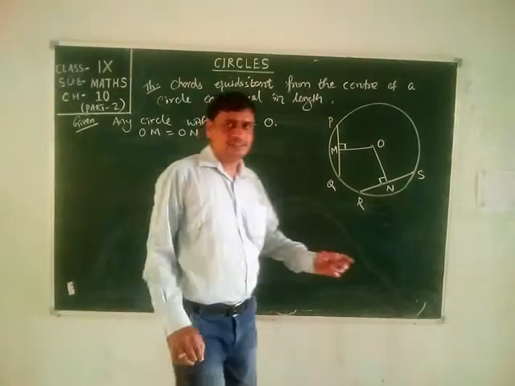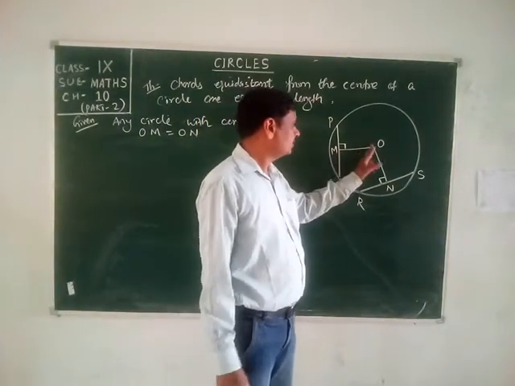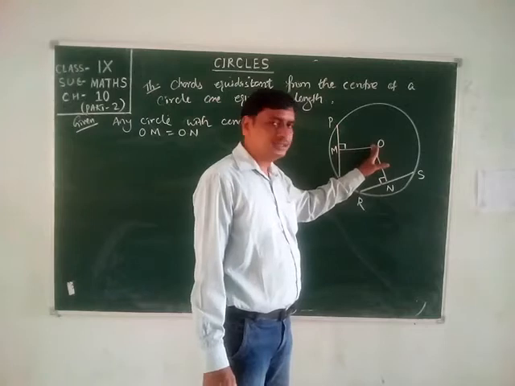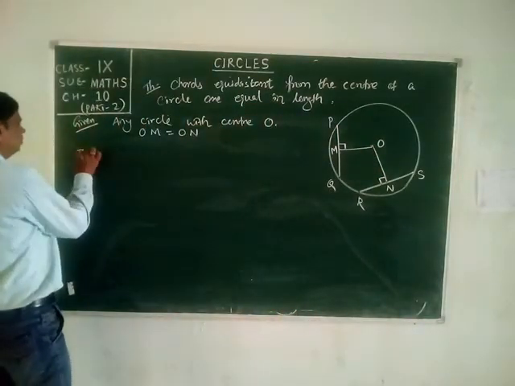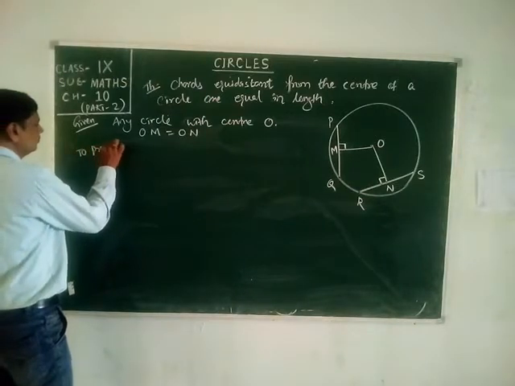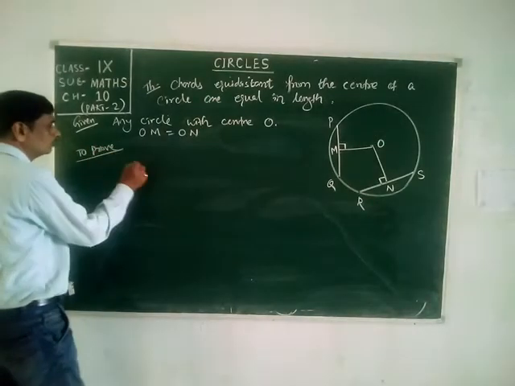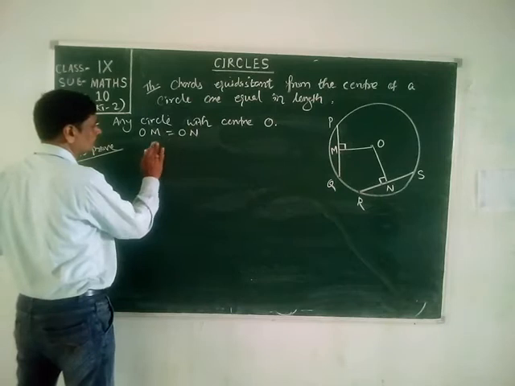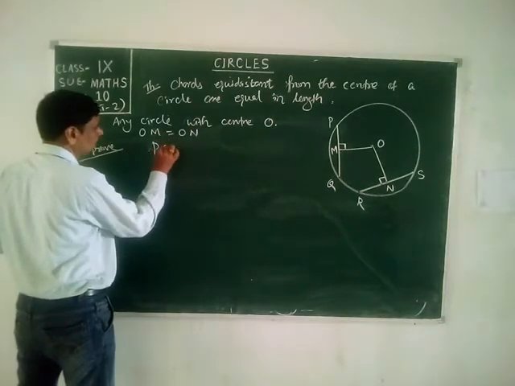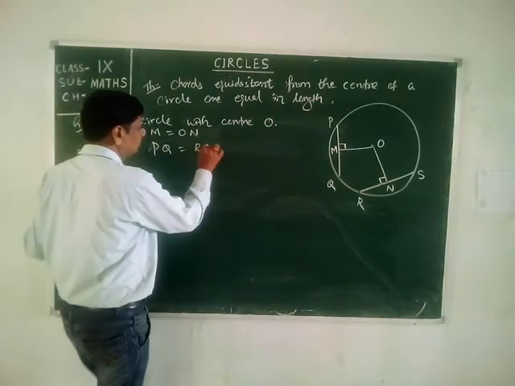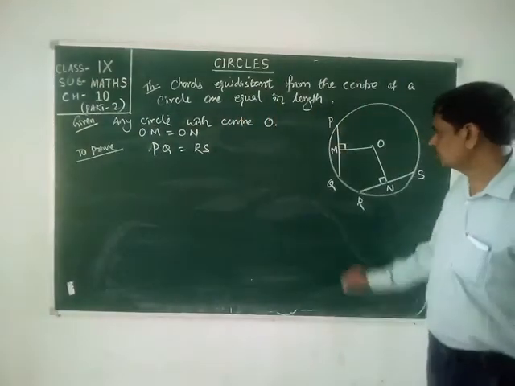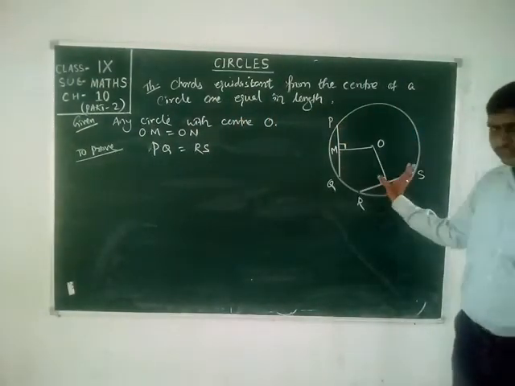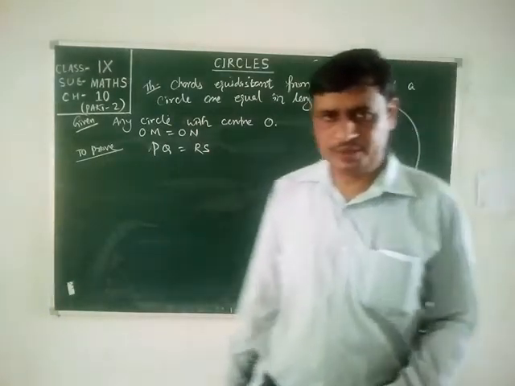It is given that the distances of these chords from the center are equal. Then we have to prove PQ and RS are equal. We have to show length PQ and length RS will be equal.